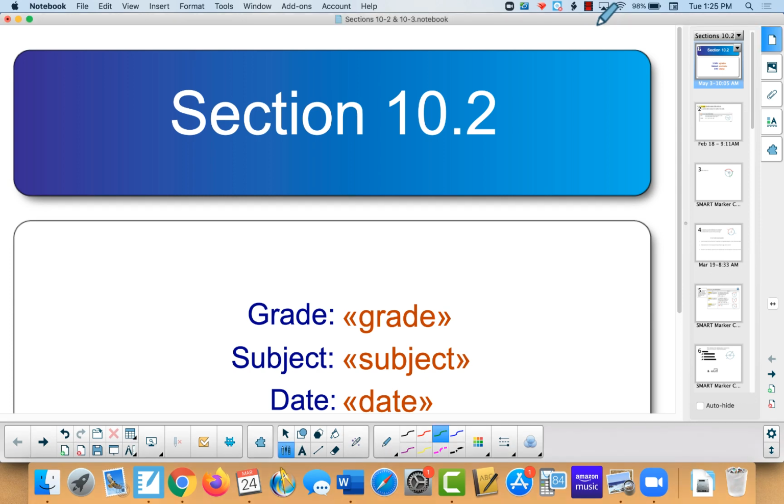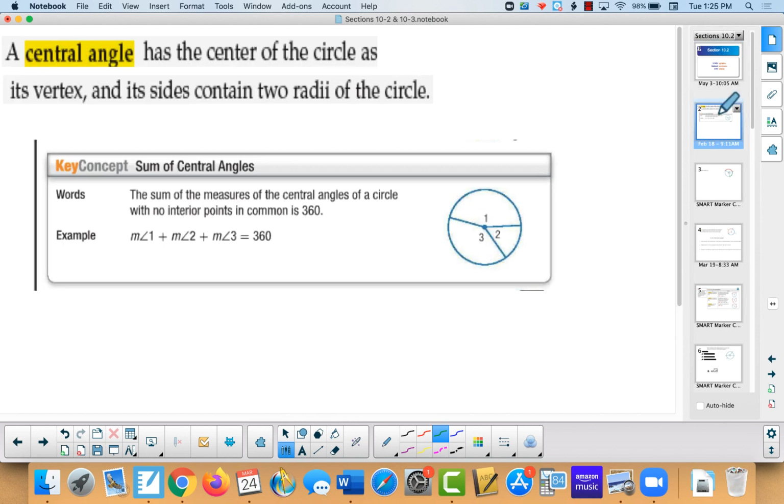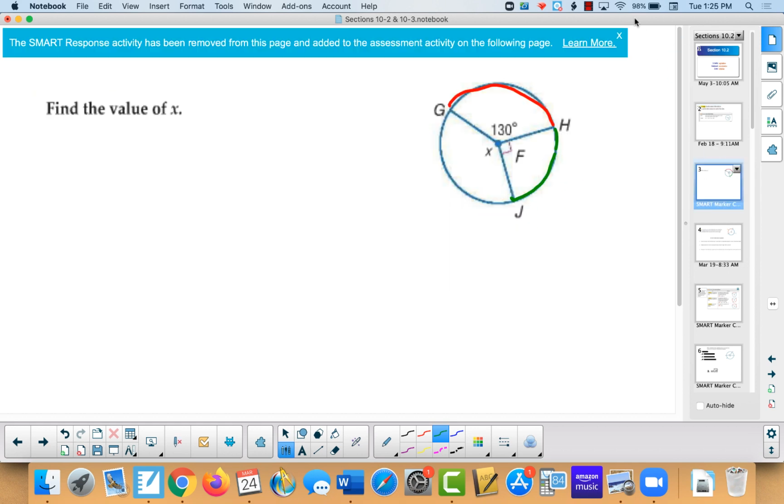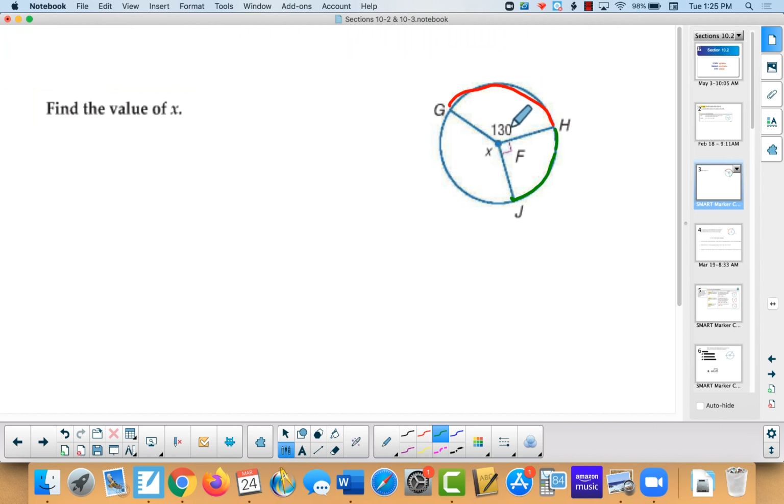In this video, I will go over examples from section 10.2. In the previous video, I talked about how the central angles that form an entire circle add up together to equal 360. So in this example here, this angle right here is 130 degrees. This angle right here is 90 degrees.